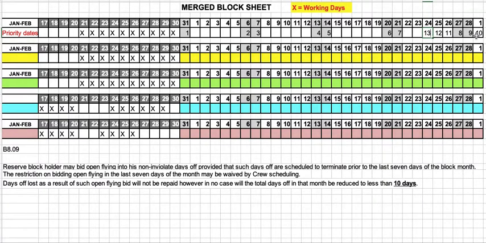Any credit acquired within these last days of the month will go on top of your 75 hours. Any credit acquired prior to that, if you bid for a pre-select on a day off or a pre-select on the first day of your days on, that credit will go within your 75 hours.